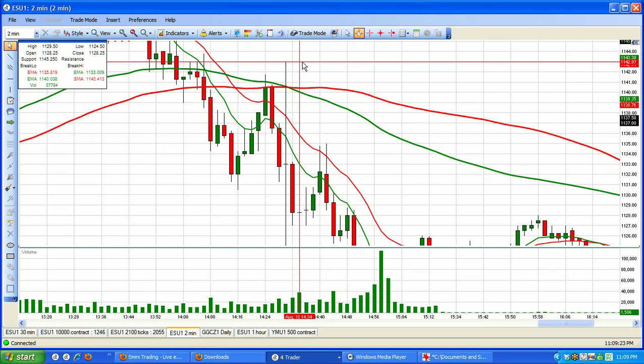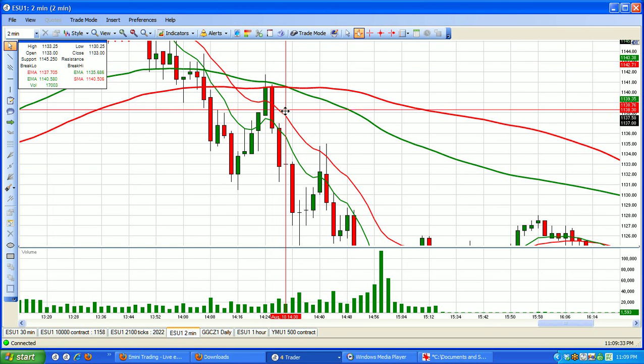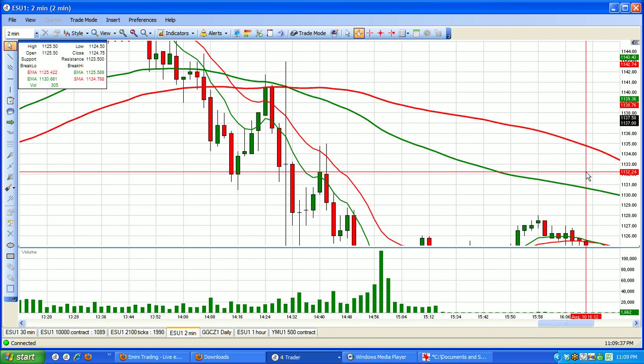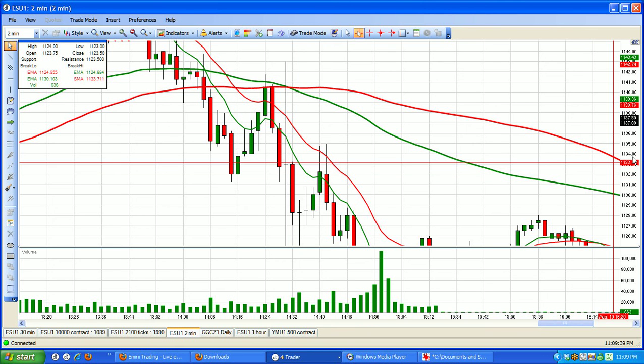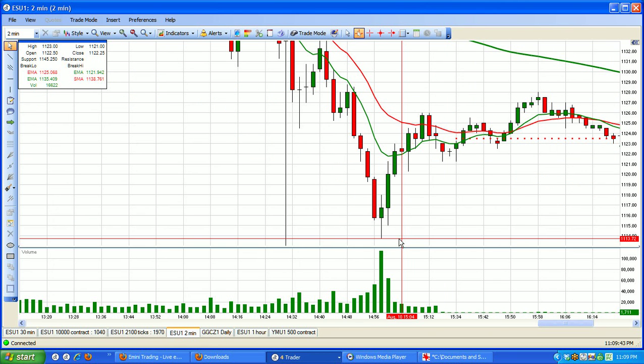The drawdown is 1143. Now I'm trying to show you need to utilize additional risk. You got to have larger stops, but what happens? Look at that thing. This thing rockets out of here.